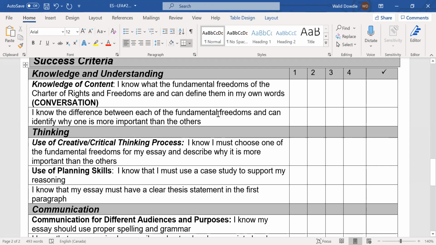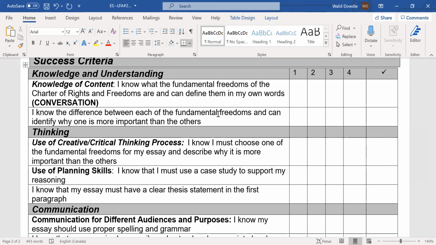That's conversation, again, through looking at your work, talking to you about it, going through feedback. I mark that section there. I know the difference between each of the fundamental freedoms and can identify why one is more important than the others. Again, that's what you're marked on.